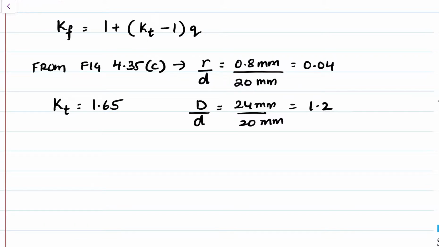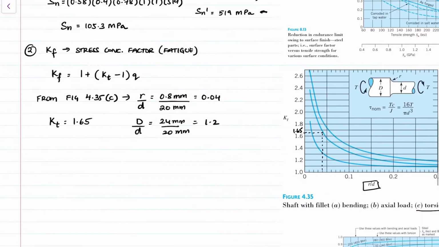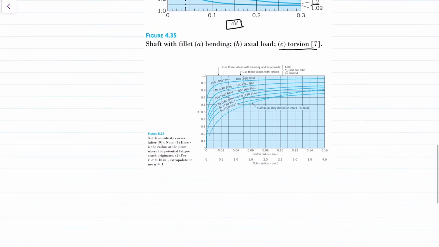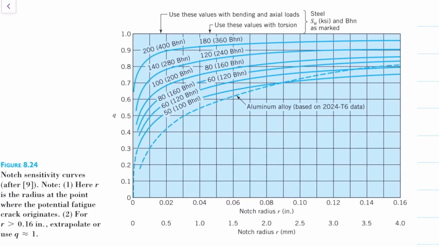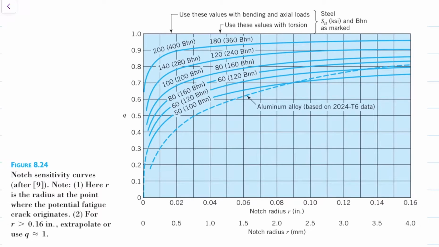So now to find Kf, we also need to know the notch sensitivity. So now this is going to be in figure 8.24 in your textbook. Now, there are a bunch of things going on, so let's look at it more closely. So we have a 0.8 millimeter radius. So that's going to be down here, the notch radius of 0.8 millimeters.